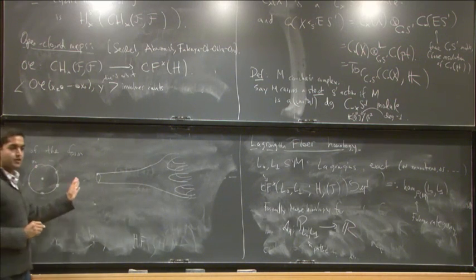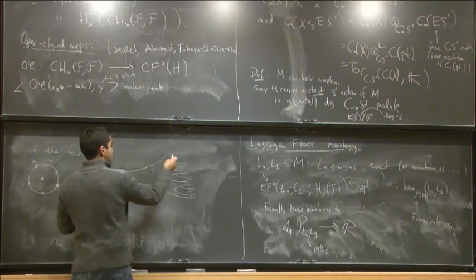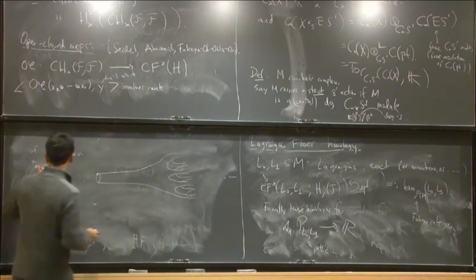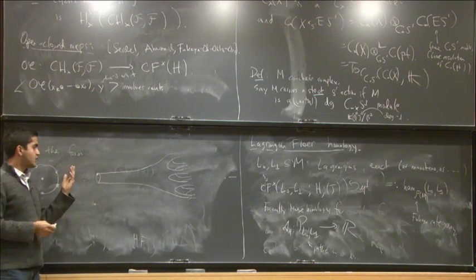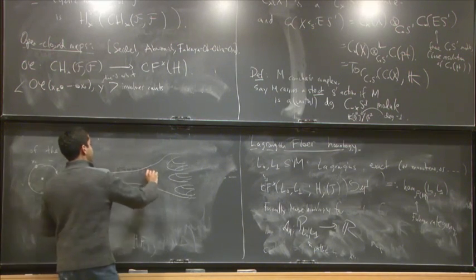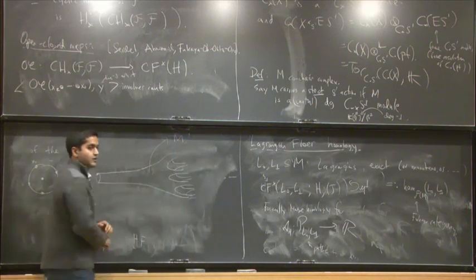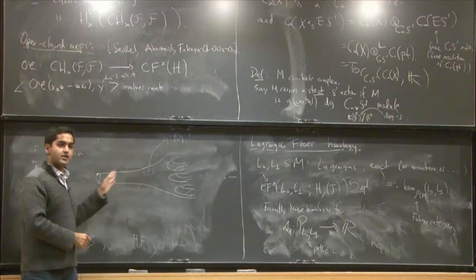I'm going to puncture this disk and think of it as having some infinite strip-like ends near each of the boundary punctures and an infinite cylindrical end near this puncture. And I'm going to look at maps from this into M, sort of interpolating between the gradient flow equations.